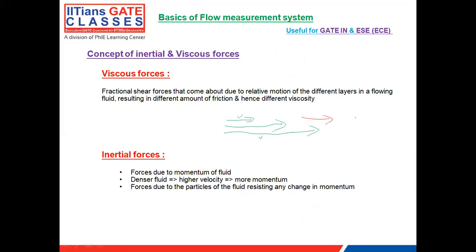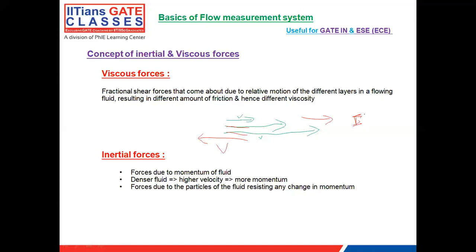So on this side there will be inertial forces due to momentum of the fluid, and on this side there will be viscous friction forces due to one layer interacting with the other layer. They are not crossing each other, but when they move parallelly with different constant velocities, there will be friction. This is the viscous friction force due to relative motion.